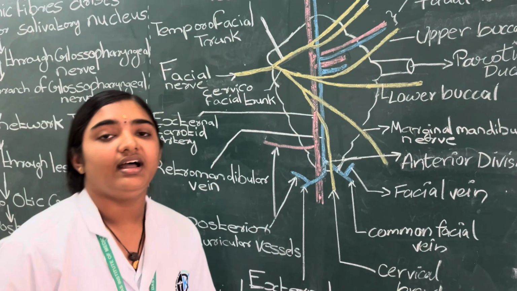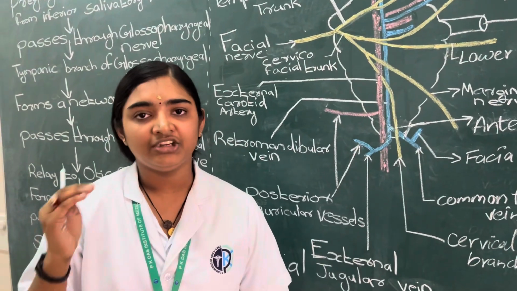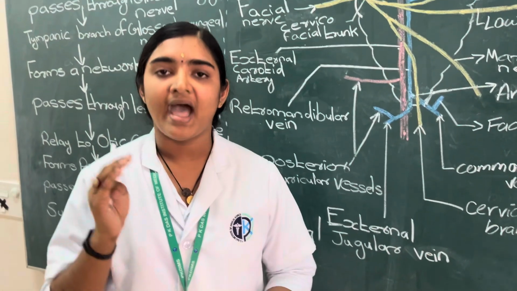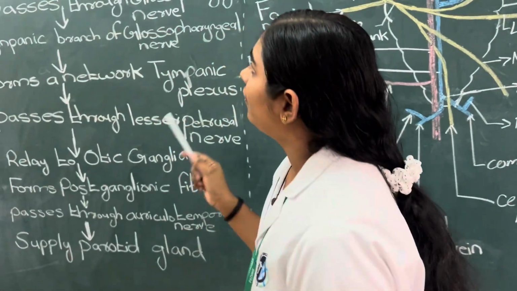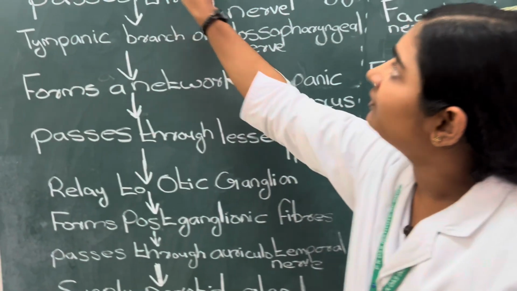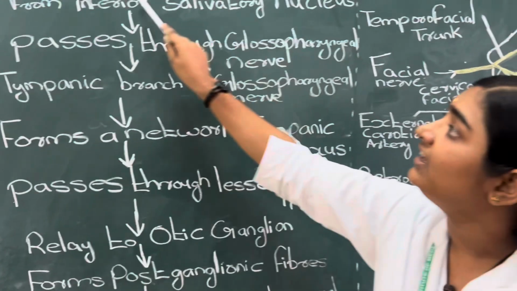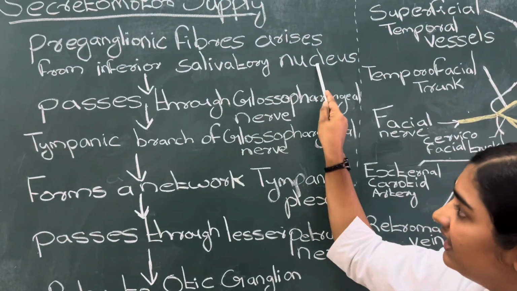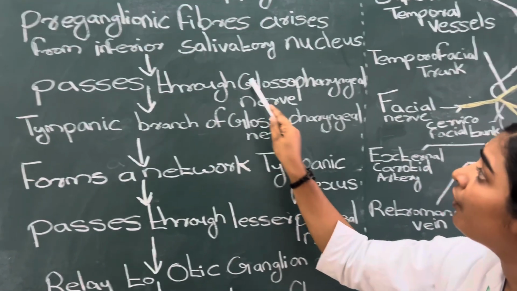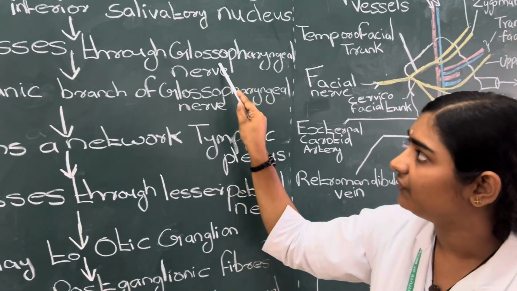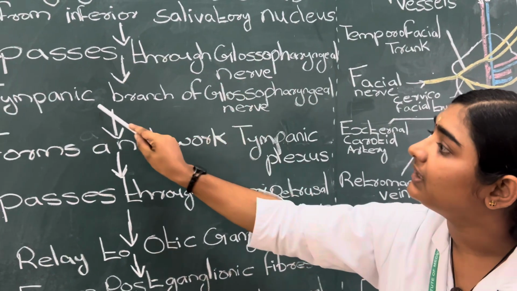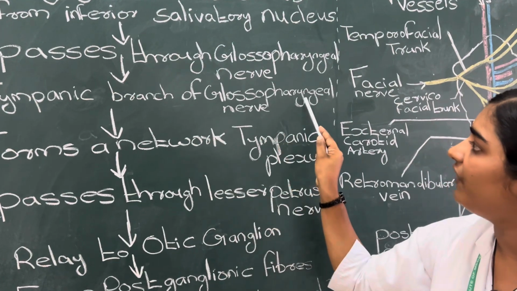When we discuss the parotid gland, its secretomotor supply, otherwise called the parasympathetic nerve supply, has special importance. Here the preganglionic fibers that arise from the inferior salivatory nucleus pass through the glossopharyngeal nerve, which is the 9th cranial nerve. Then they pass through the tympanic branch of the glossopharyngeal nerve.